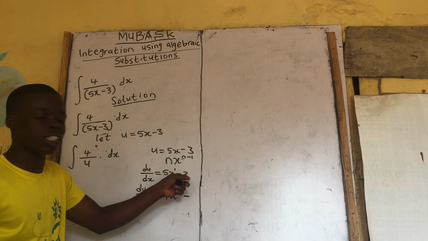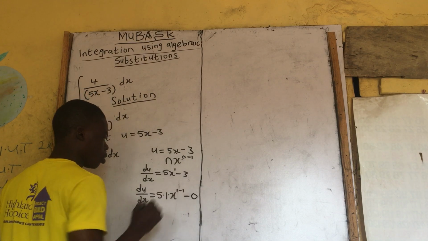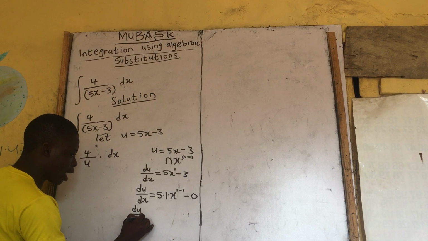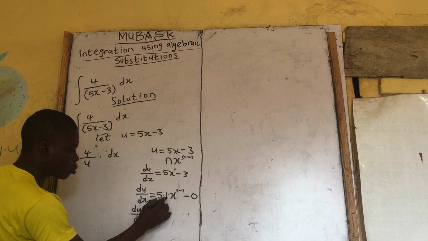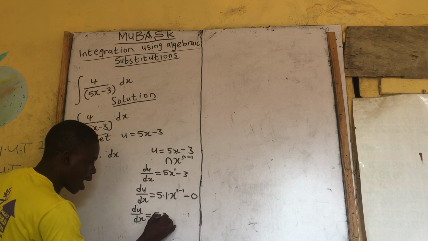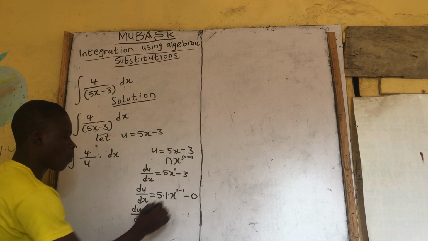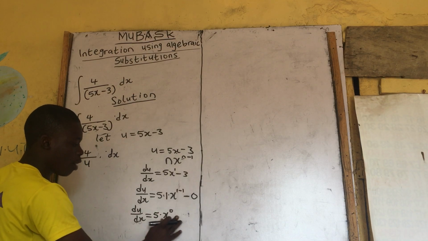From the differentiation table, the derivative of a constant equals 0. So du over dx equals 5 times x, with 1 raised to power 1 minus 1. 1 minus 1 gives us 0, and the constant has gone.